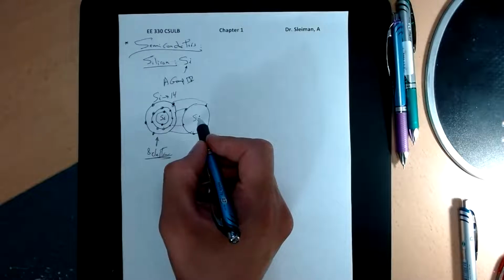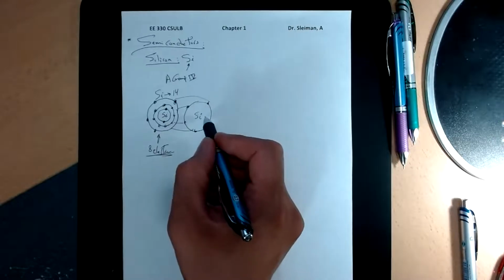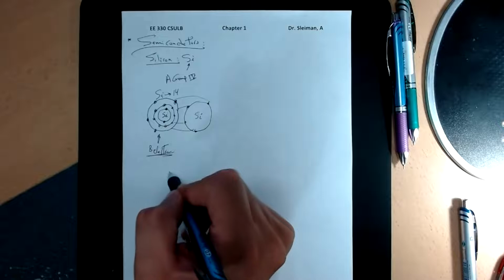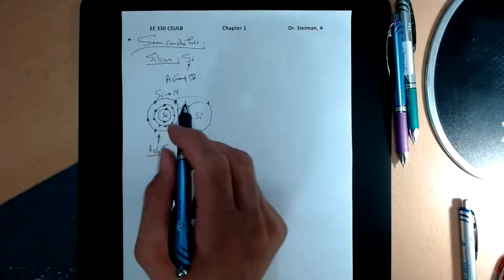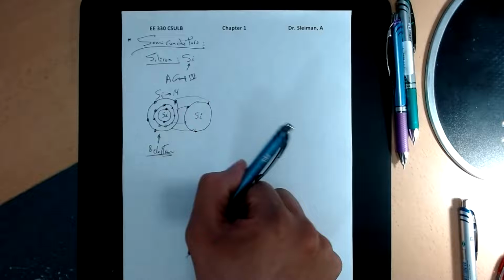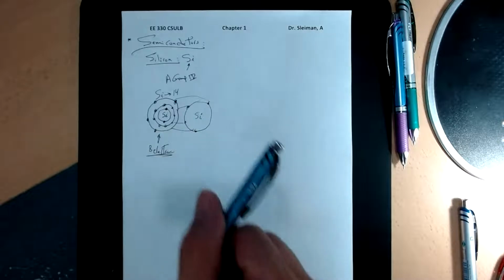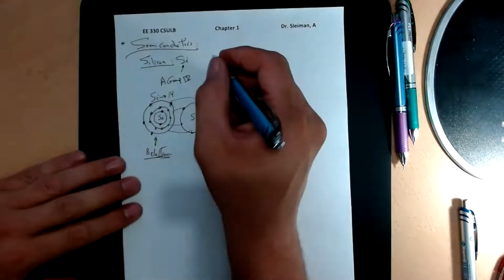Why? So they can form a covalent bond, and with this bonding, a lot of semiconductor properties will happen. We'll talk about it a little bit more.